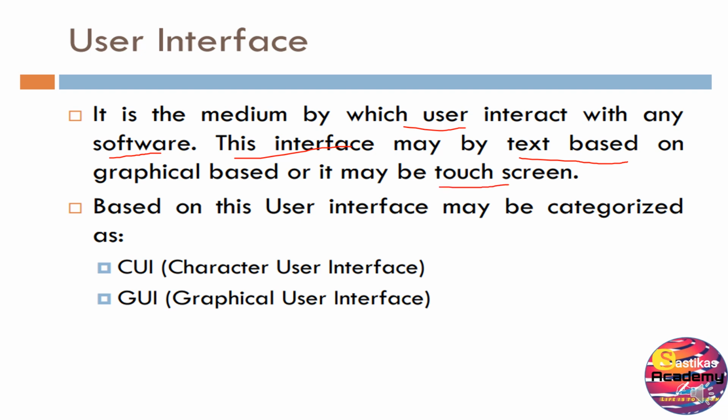So we can interact by giving inputs such as text or images, graphical based, or you can touch the screen and interface with the software. Based on this, user interface may be categorized as CUI and GUI. Two types of interface are there: character user interface and graphical user interface.